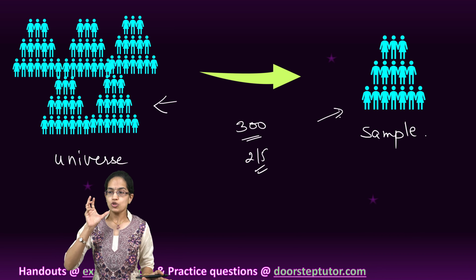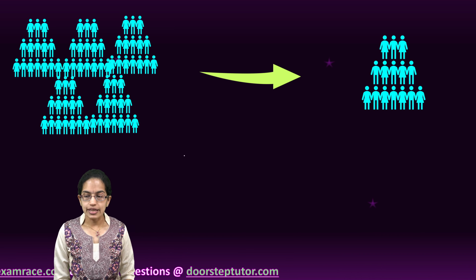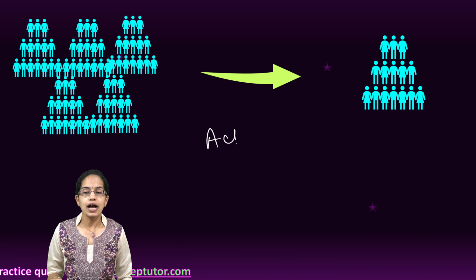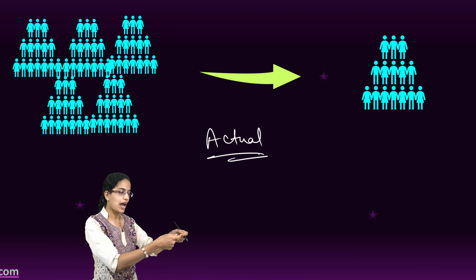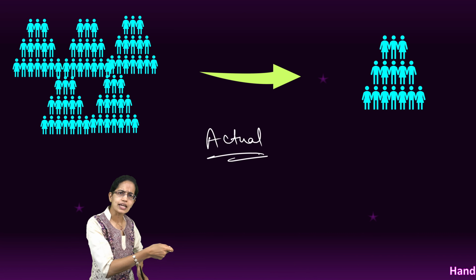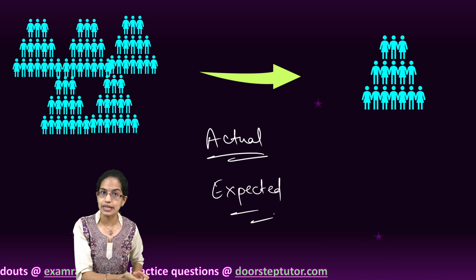Clear? So I repeat again, there would be an actual value. Let's say if I am doing something on 300 students and finding a detailed analysis, that is the actual value that I have. But I am picking, let's say, 2 to 5 students from each of the classrooms, and then I am finding my results, that is the expected value.